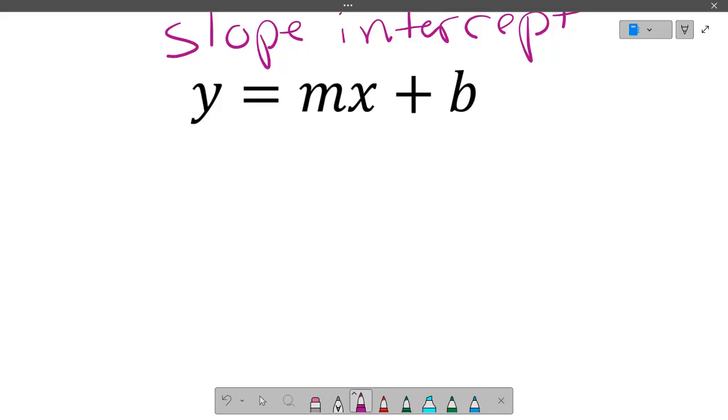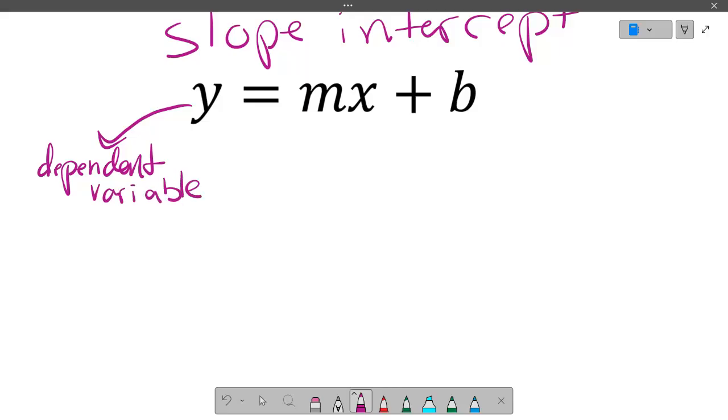I said the base, the goal, the final, the total, okay? All of these things are dependent upon the input. So y, yes, it's our dependent variable, not independent, meaning the value of y depends on whatever x is.